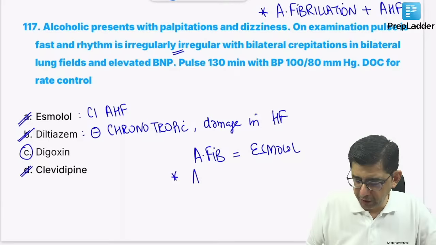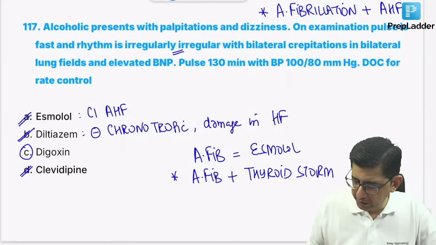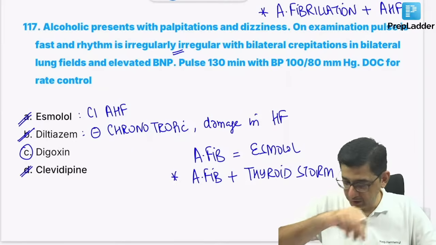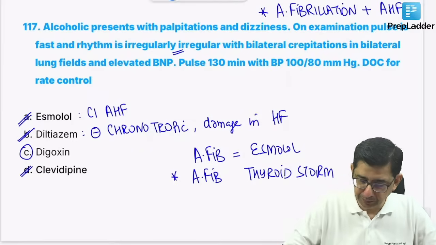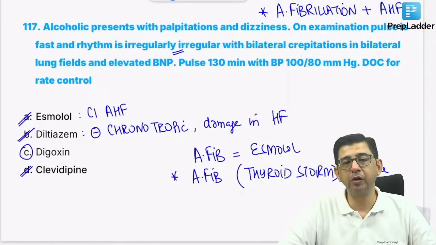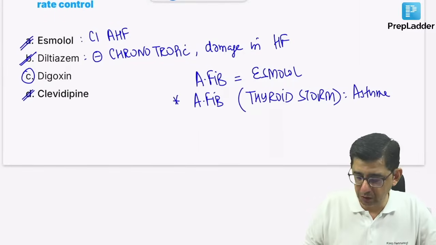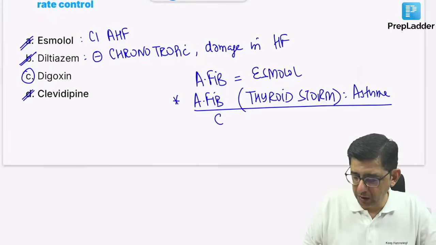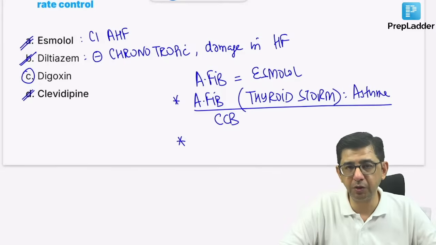The first time they introduced a trick in the question, they mentioned a patient of atrial fibrillation. The person was having a thyroid storm, and that was the reason for atrial fibrillation. And then they mentioned that this guy is having bronchial asthma also. Because asthma was described, it is calcium channel blockers that would be used.